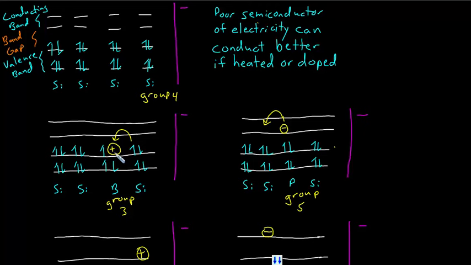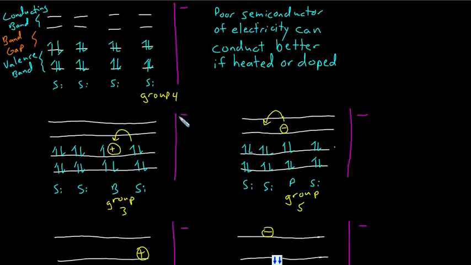Whereas silicon's electrons were stuck in place previously, in this doped semiconductor we now have this positive area, a hole, where electrons can now move in.